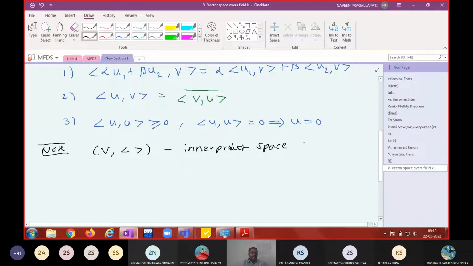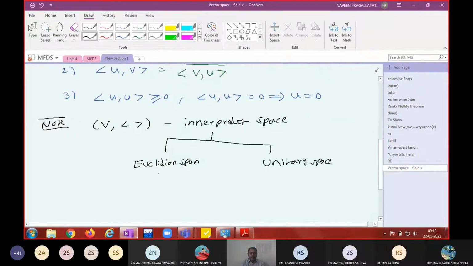This inner product space can be called a Euclidean space or a unitary space, depending upon whether the field is the set of real numbers or the set of complex numbers.